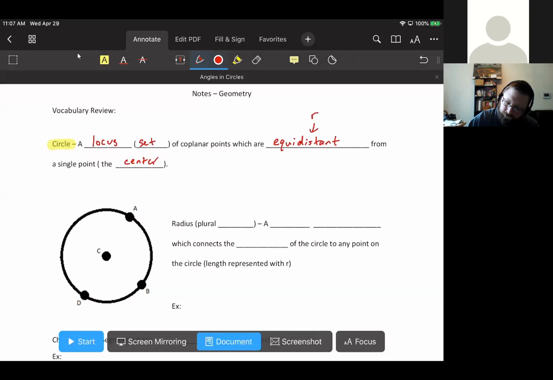Remember that equidistance means equal distance. Okay, so down here we've got an example of a circle. This is circle C. As geometricians, we name circles based on the center. So that picture there shows circle C.